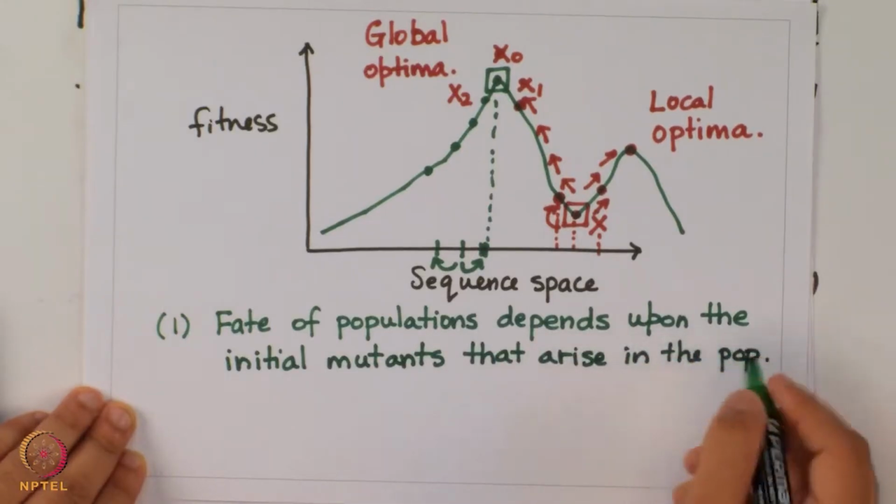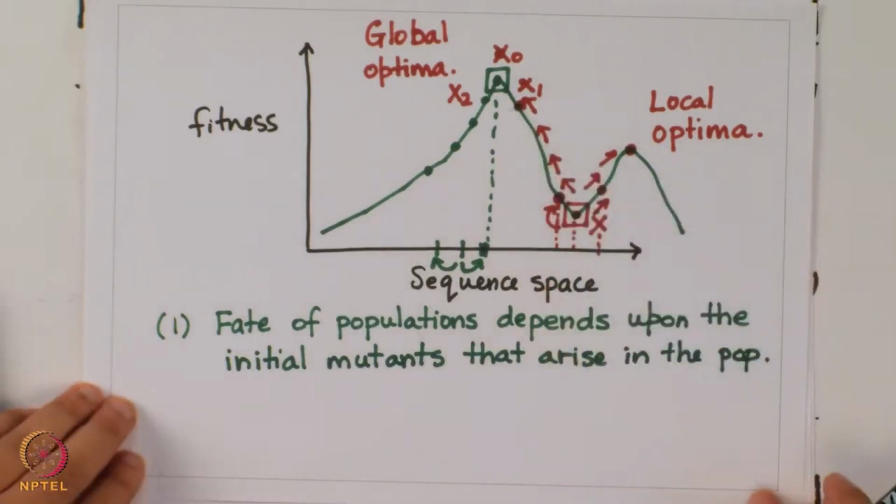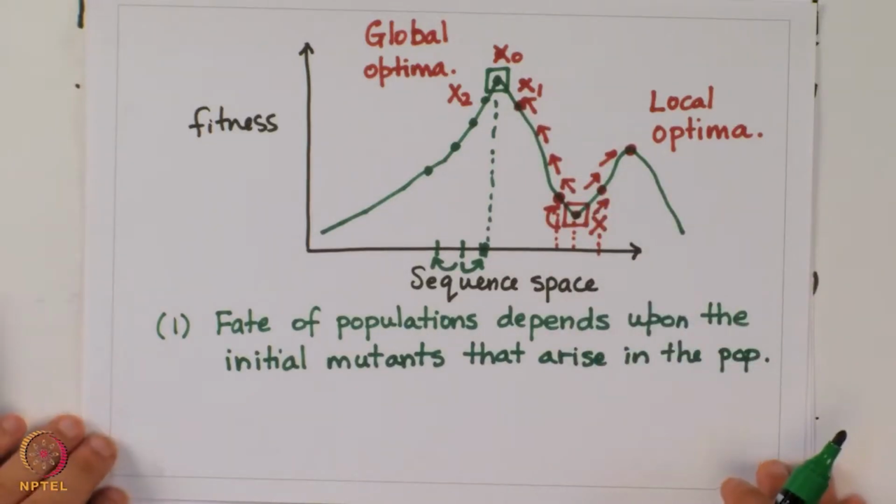And depending on this, the population could either get trapped in a local optimum or be able to reach the global optimum, depending on which was the direction that the population embarked upon moving.